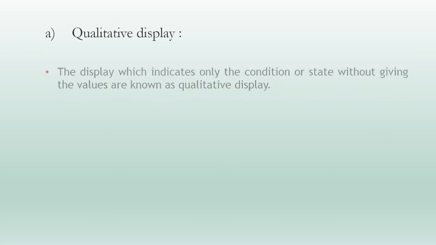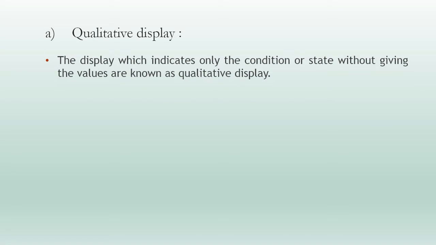The first category of display is qualitative display. This display only shows the quality of the parameter, so we can define it as the display which indicates only the condition or state without giving the values.